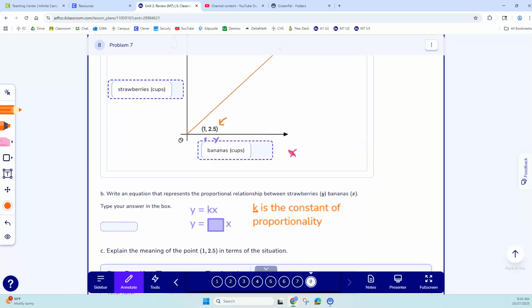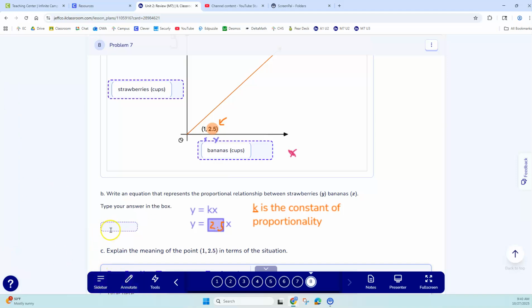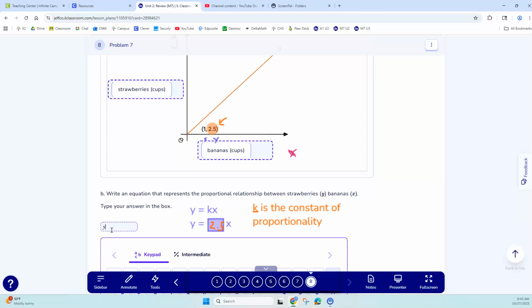So our K is the constant of proportionality. We find that here next to the 1. So our constant of proportionality is 2.5, and we are putting 2.5 next to the X. So the equation is Y equals 2.5 times X.